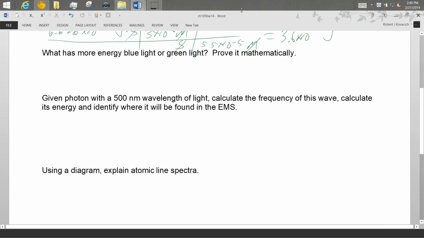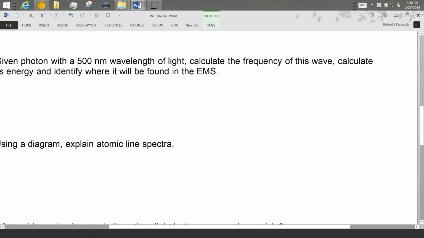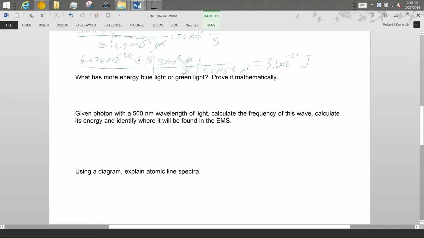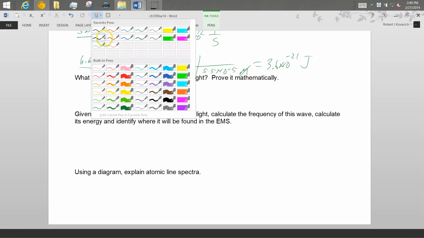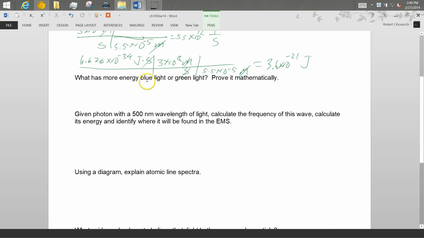So I'll say that my blue light, what's my blue light's wavelength? This is going to be 450 nanometers, and this will be 550 nanometers. Okay. So I'll calculate both of these out. I'll go 6.626 times 10 to the negative 34th joules times seconds.